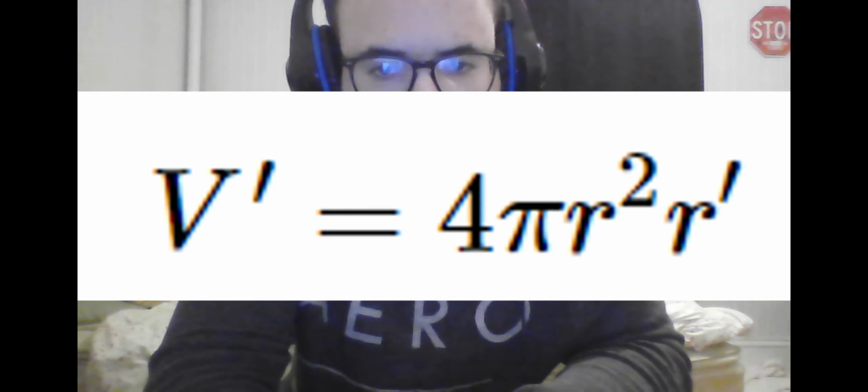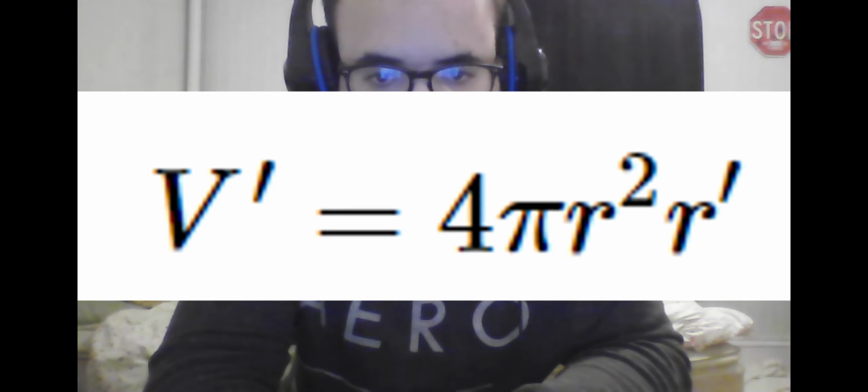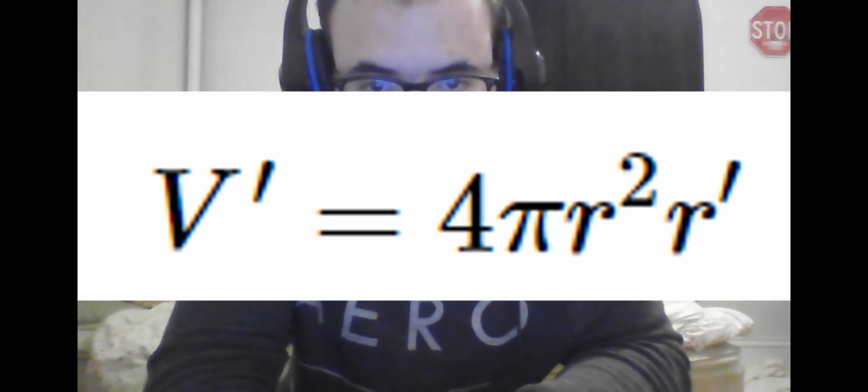If you have memorized your geometry formulas, you would know the volume of a sphere is 4/3 pi times r cubed. So now we take the derivative with respect to t on both sides, and this is an application of implicit differentiation. So we factor out the 4/3 pi as it is a constant, and do 3r squared times the derivative of r.